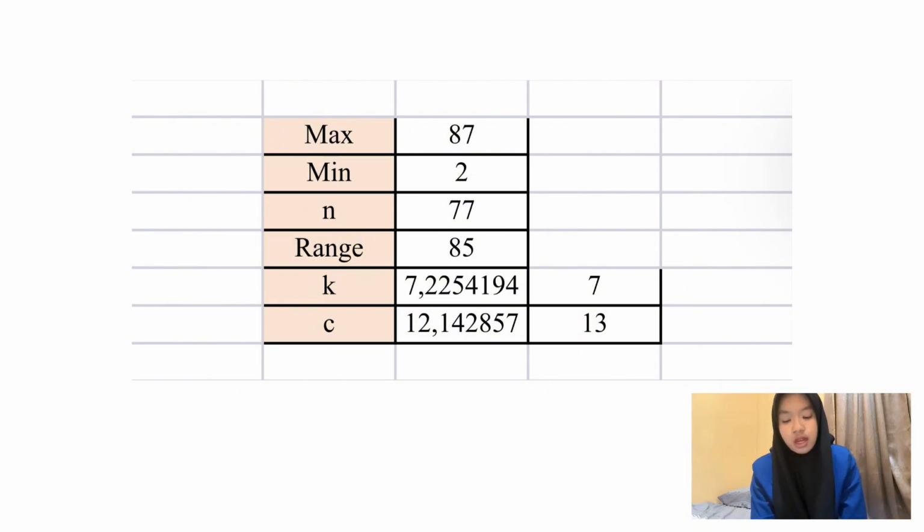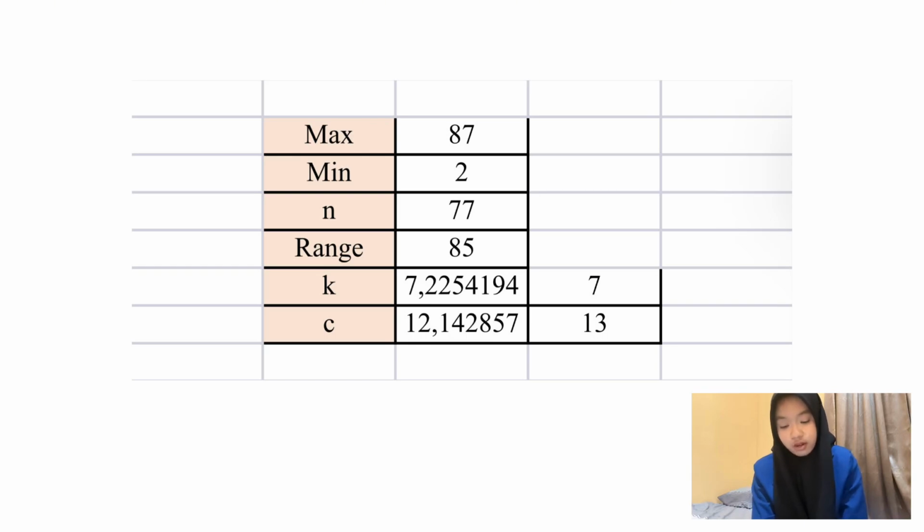Step 2. Calculating basic statistics: max, min, and range. Prior to constructing the frequency distribution table, several statistical parameters must be calculated.